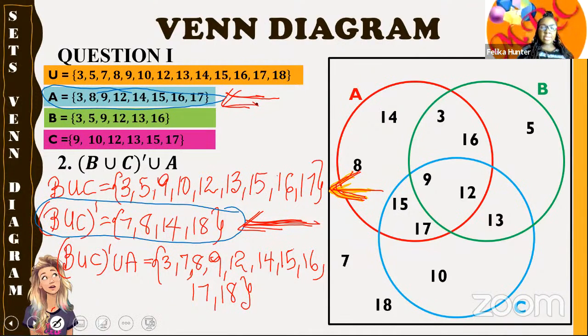But because they are going to quarantine and A's are quarantined as well, they are going to let both of them just travel together. So they're pooling them together. So you can think of it like that. We're bringing B union C complement with A.